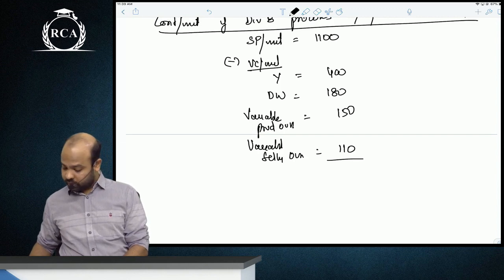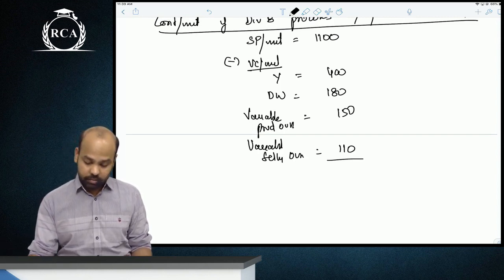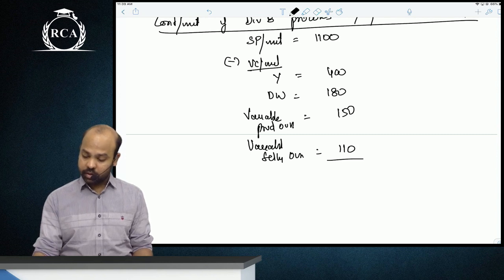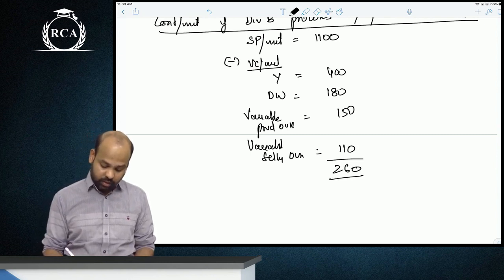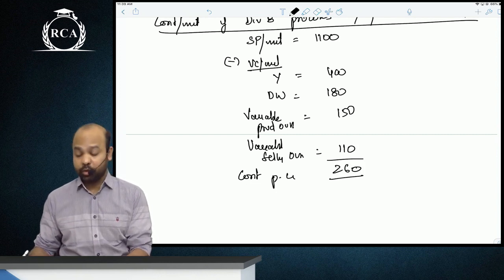So if I take these details into consideration, 1100 minus 400 minus 180 minus 150 minus 110, 260 rupees is the contribution per unit that they are generating from external sources if they procure.